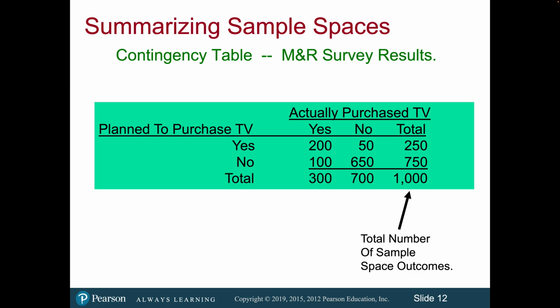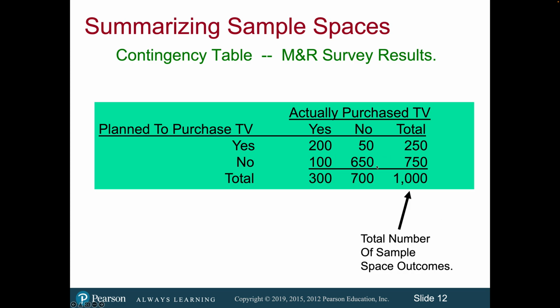And then 650 had no intent to purchase a TV, and they did not purchase a TV. Now, if we look at the columns, actually purchased a TV, we can see that 300 did, 700 didn't, and we have a total sample size of 1,000.